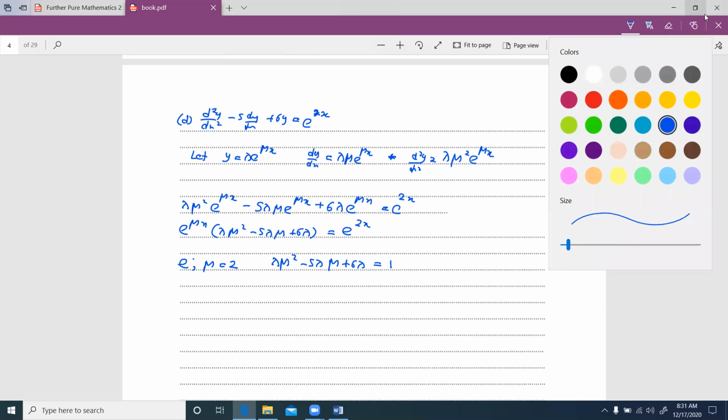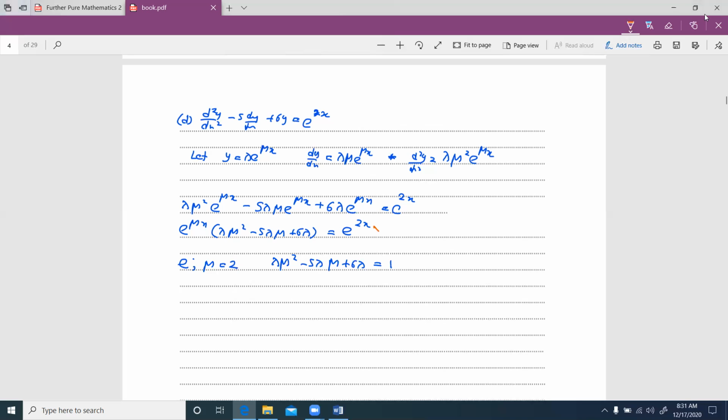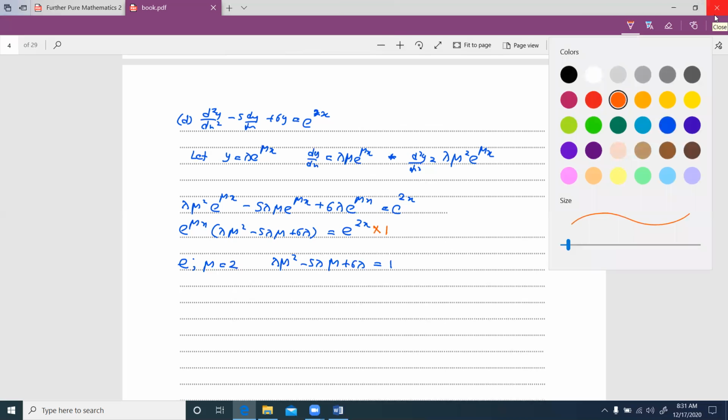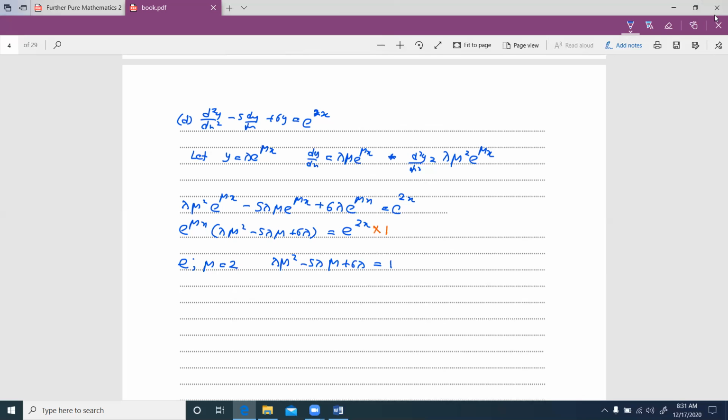With this information, mu equals 2, so it turns up to 4 lambda minus 10 lambda plus 6 lambda is equal to 1. So 0 is equal to 1.